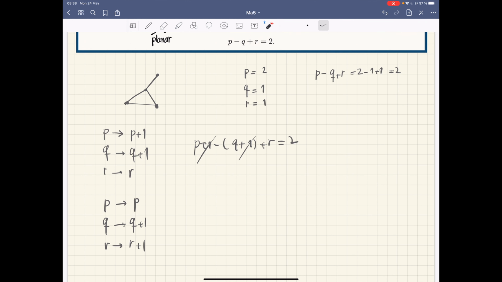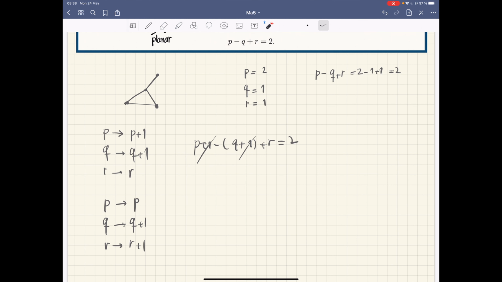Or you might have the scenario that you just connected to a leaf. In that case, what happens? You are increasing the number of vertices by 1. You are increasing the number of edges by 1, but you are not affecting the number of regions. Yes, is that clear? So then again you go back to the same.